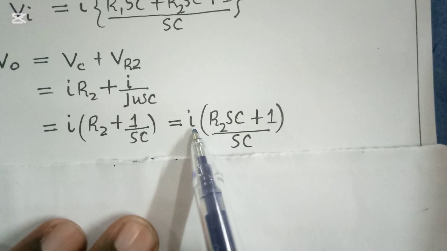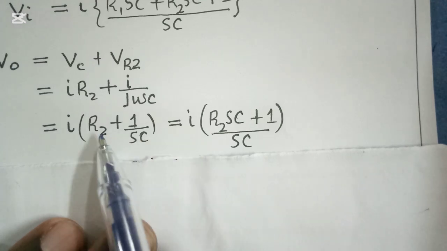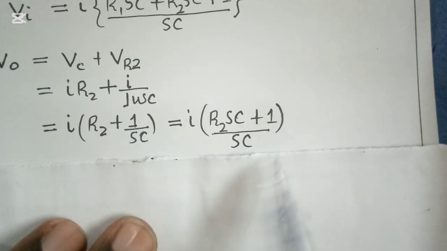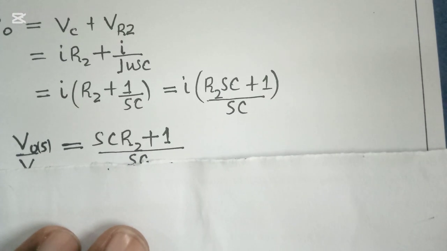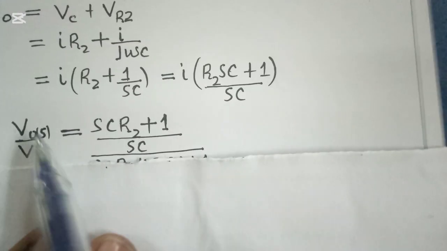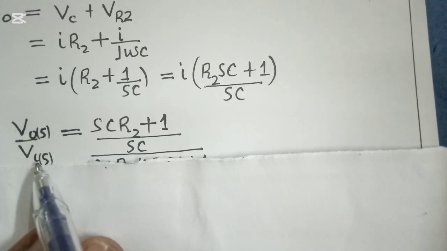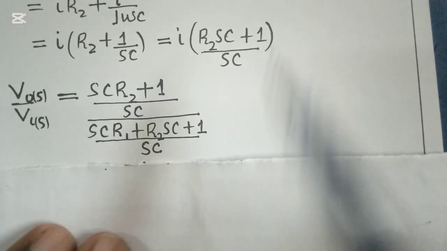This is equal to I. We can now write the whole of this in the same denominator, and it comes to that. Now we are in the Laplace domain, and that's why I have written S there and S here. That is V0 over Vi. For V0, we have this.